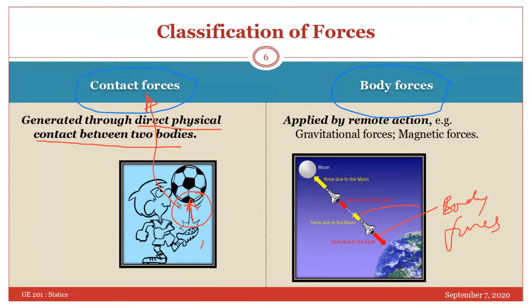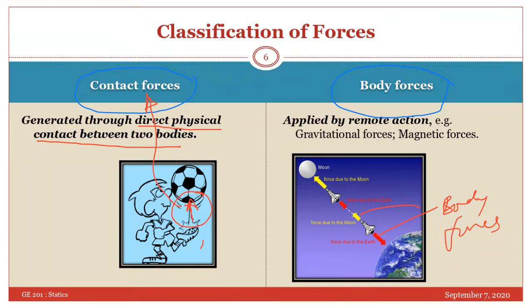And when it reaches near the moon, the moon's gravitational force becomes more than the Earth's gravitational force. So this is also a body force. Even for example, this is one object. If I leave it, it will go down. Why? Because the Earth is applying the force on it remotely without touching it. Because of that, it is going down.